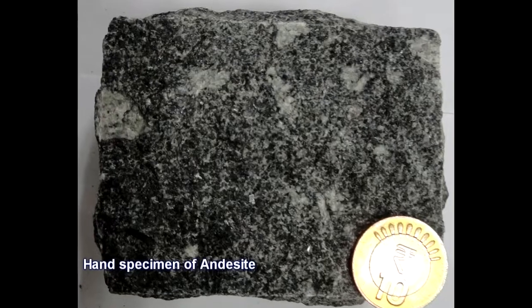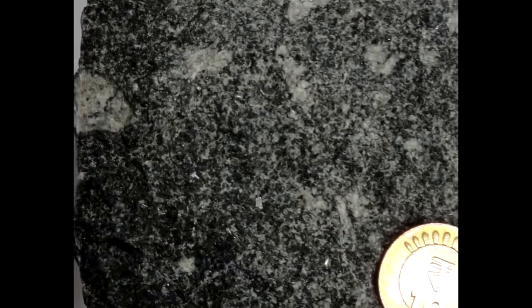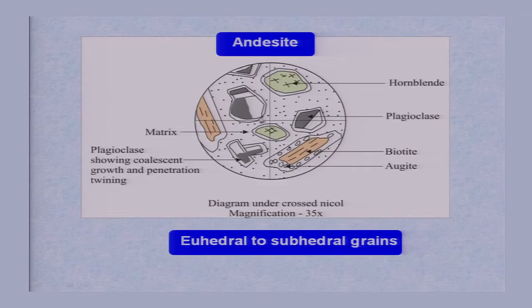Another example I am citing here is andesite. Andesite is a lava flow, and it contains euhedral to subhedral grains. Some of the faces are very well developed, but some are not. It contains hornblende, plagioclase, and biotite.